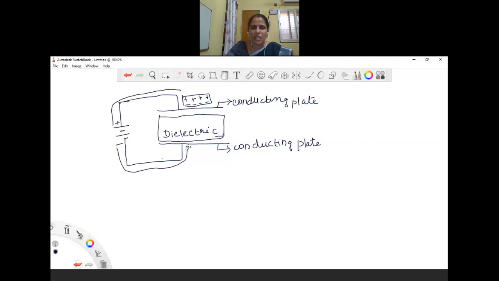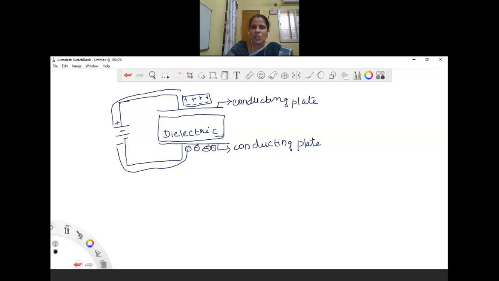But these electrons cannot flow through this dielectric, because we know that the dielectric will not allow the electrons to flow through it. So all these electrons will be accumulated in the bottom plate.